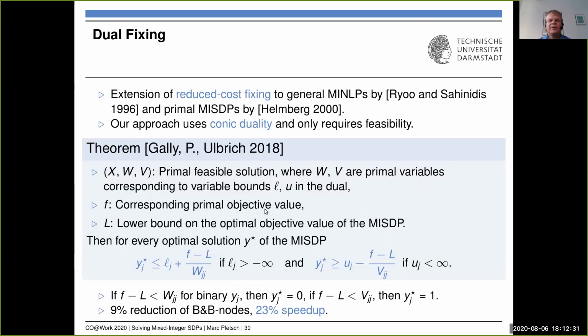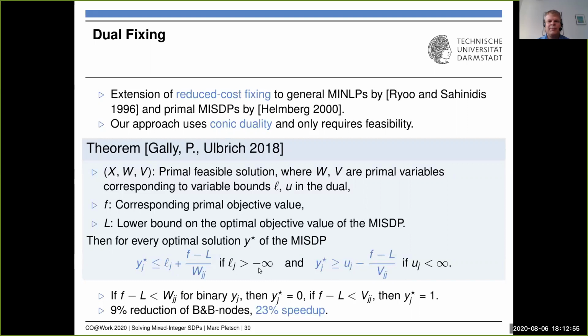So it's the objective value of a primal solution. And we have a lower bound on the optimal objective of the mixed integer SDP that may come from a relaxation, or within the tree this is available. And then we have the theorem that for every optimal solution y star of this mixed integer SDP, these inequalities here hold.